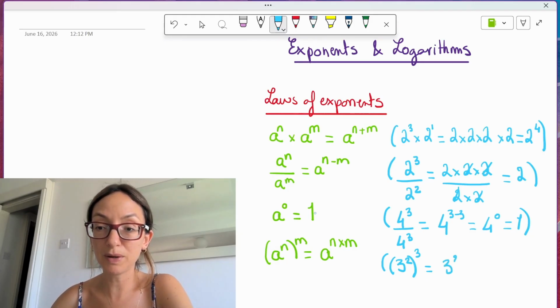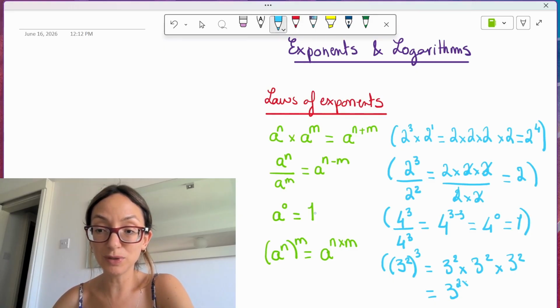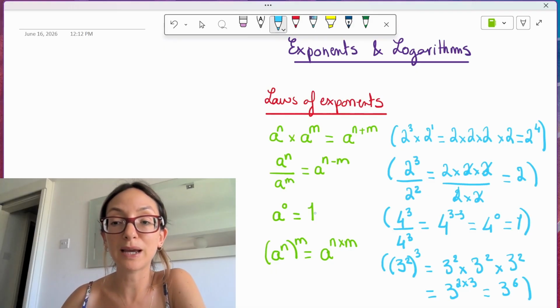So we have 3 to the power of 2 times 3 to the power of 2 times 3 to the power of 2. And so in total, if we use the first rule, we have to add the power. So 2 plus 2 plus 2, which basically is 2 times 3, which is 3 to the power of 6. So here we multiply the powers.